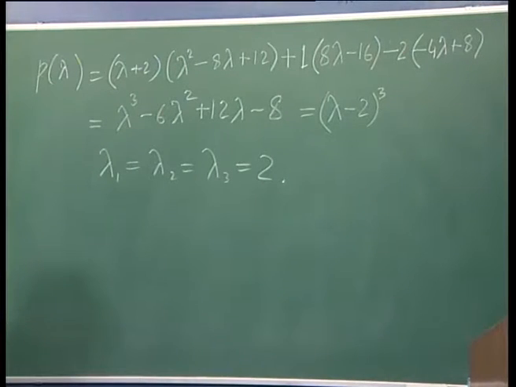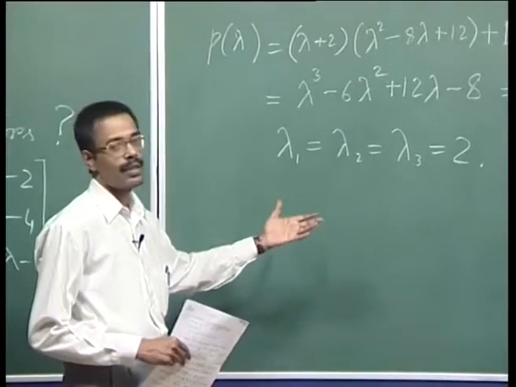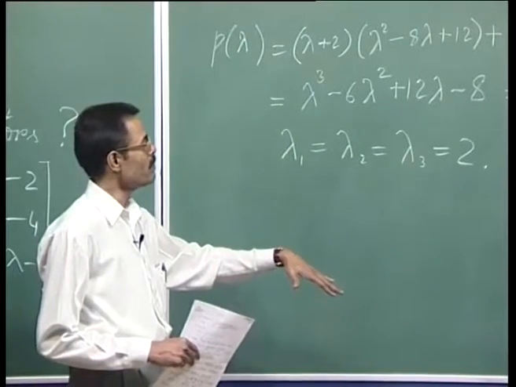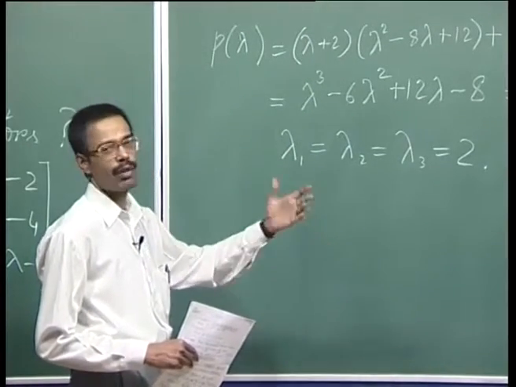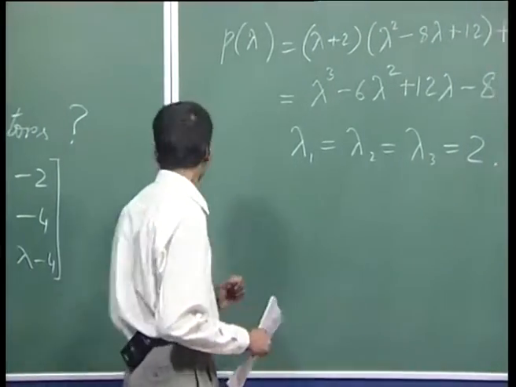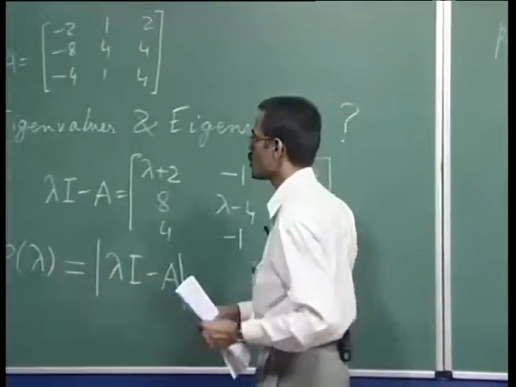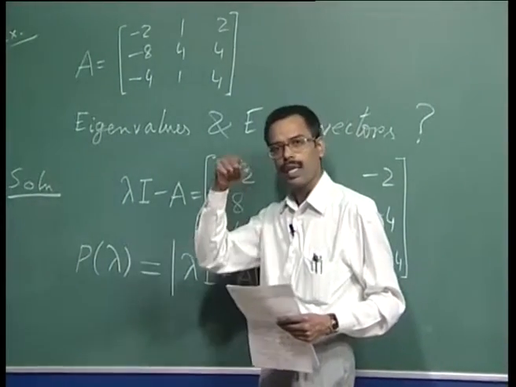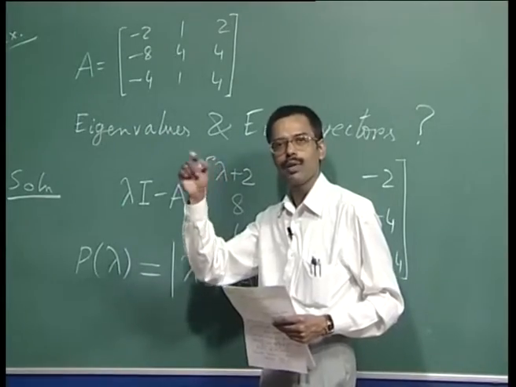Now, we say that for this eigenvalue, then we would like to find out the eigenvectors. It would be nice if we can find 3 linearly independent eigenvectors, but it may be possible that we find only 2 or we find only 1. So, for doing that, then what we need to do? We need to write the full equation from here, lambda I minus A into the vector v equal to 0.